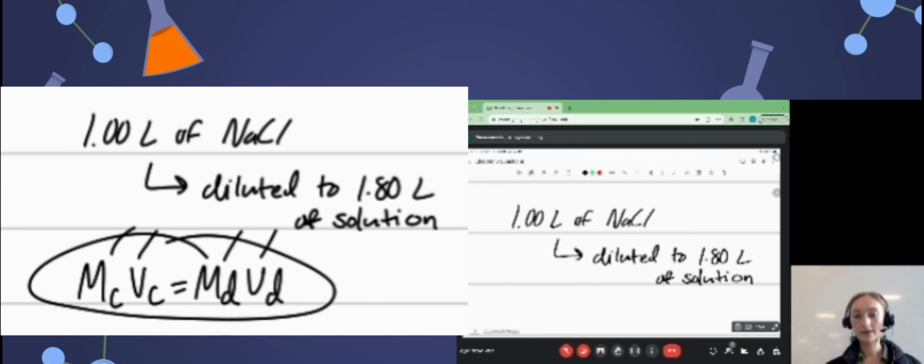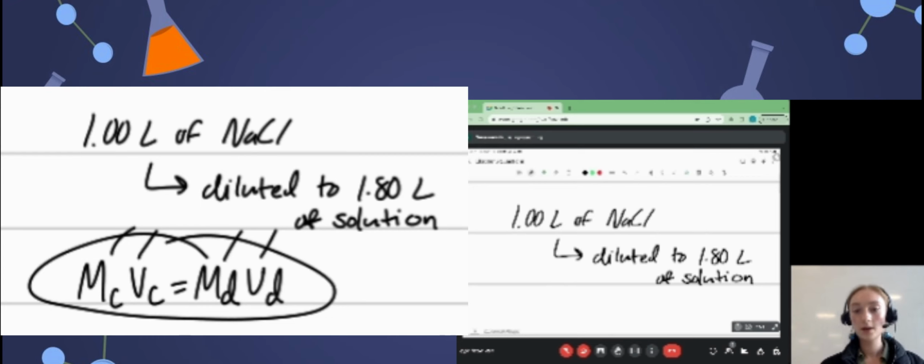So this is not a calculation problem, but a word problem. No need to calculate anything. But basically, when we have 1 liter of a solution, and then we're diluting it to make a larger volume, there's going to be the same amount of the sodium chloride, but it's just going to be diluted, so its concentration will be reduced.